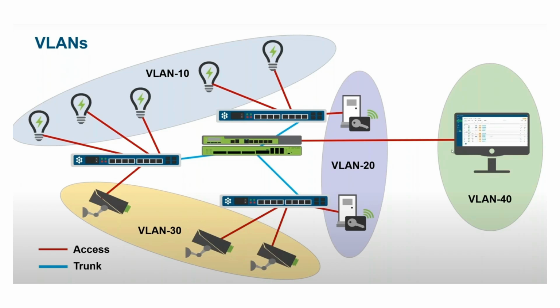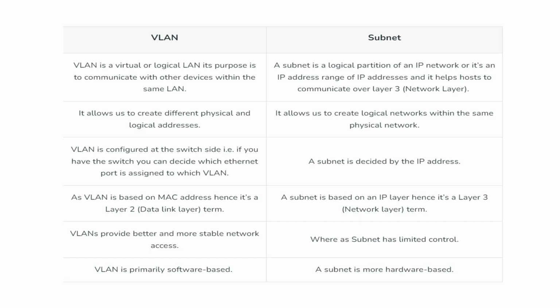So you can see here this red line is being used in the access mode to connect one terminal to the switch. And similarly you can see that the two switches, or one switch and one router, are connected using the trunk mode. So let's have a quick look at the differences between VLAN and subnetting.